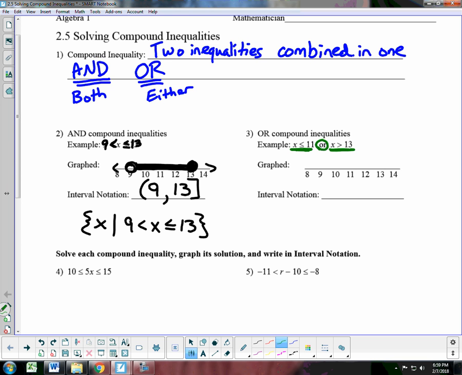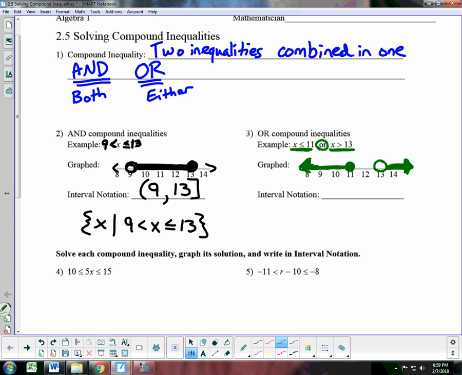So in this case, finding 11, that's right here, I would put a closed circle because it's less than or equal to, and shade to the left because that's less than, and put an arrow there. Then, or greater than 13, so I would put an open circle at 13 and shade to the right.